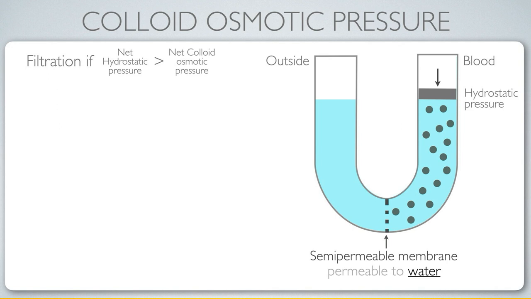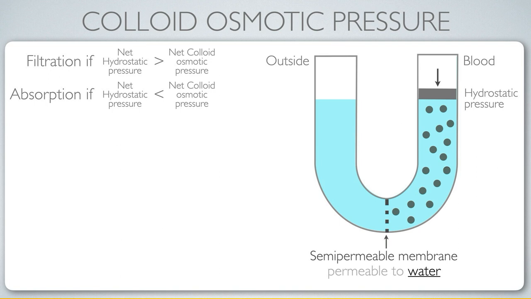This is not always how it works. If the hydrostatic pressure is actually less than the net colloid osmotic pressure, which does happen, then the circulatory system is going to take on water, and that's known as absorption. So if hydrostatic is less than colloid osmotic, then you have absorption.